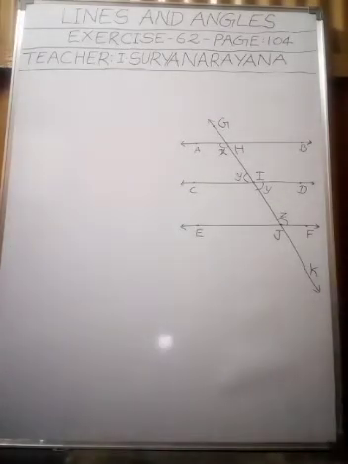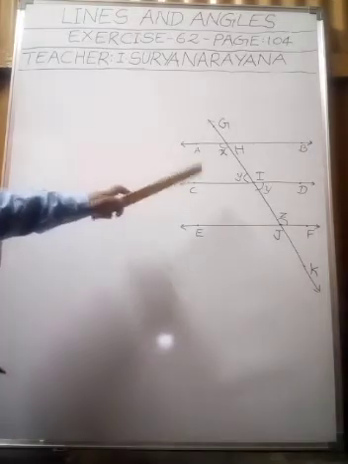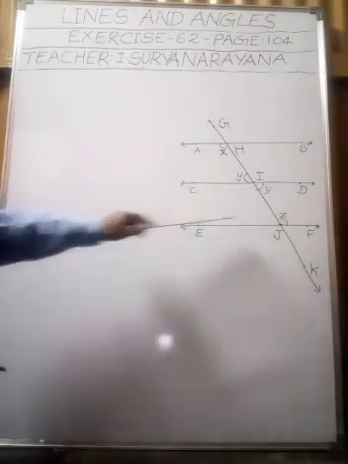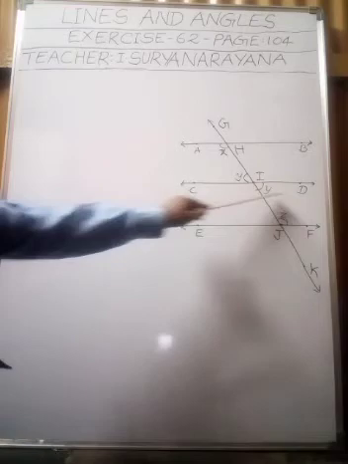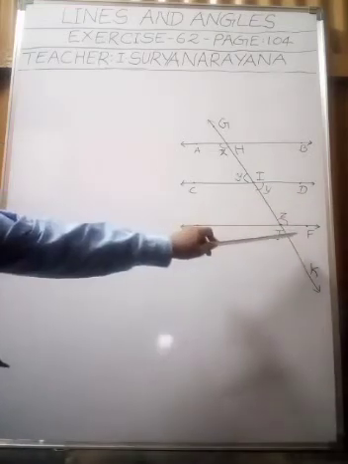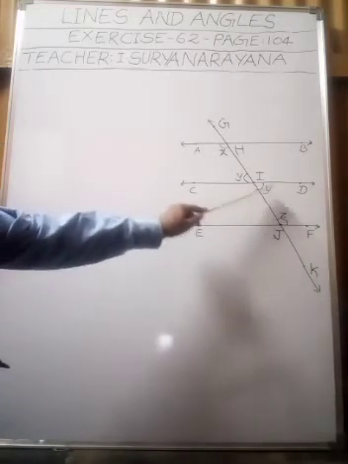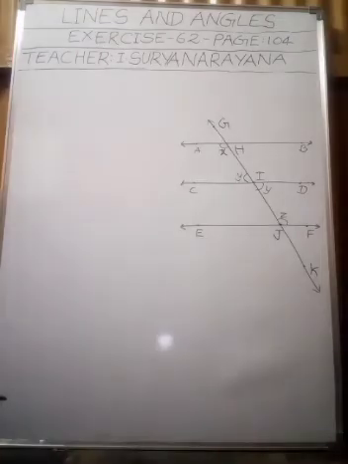Now come to this diagram, my children. Observe this figure. Here CD is parallel to EF. It is already given. And Y and Z are interior angles on the same side of the transversal. Isn't it, my children? Right.